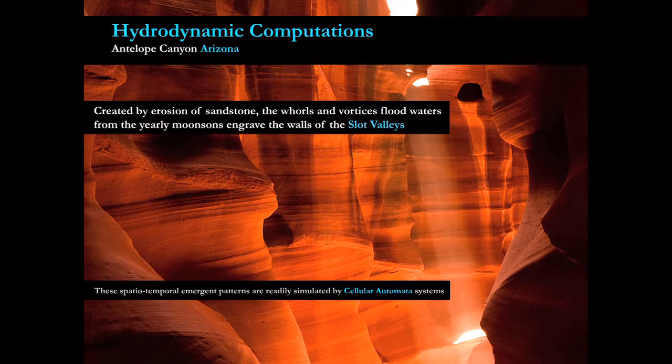This is the Slot Valley in Antelope Canyon, and it's created by yearly monsoons of water which erode the surface and the edges of these canyons. And in a way, I think a metaphor for this would also be, you could see this as a data recording device, in the sense that each year the water flows through, and these fluid flows are almost cutting away at a rock in the same way as a groove in a record is cut.